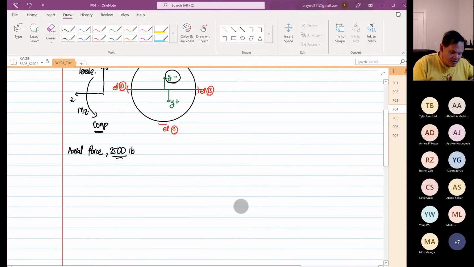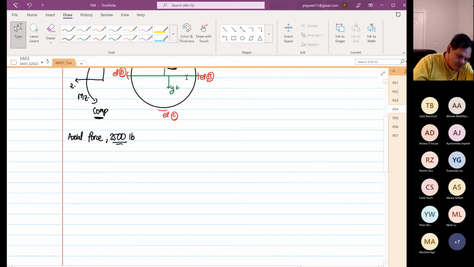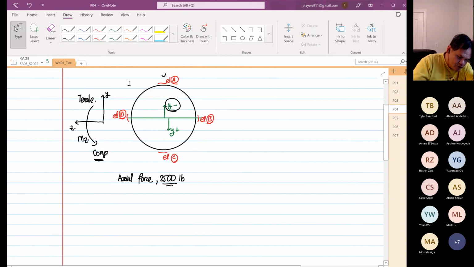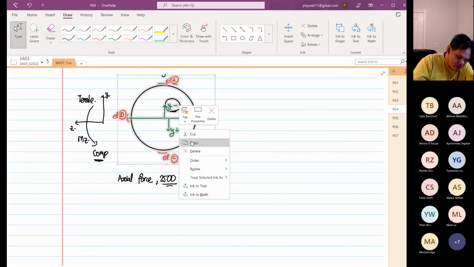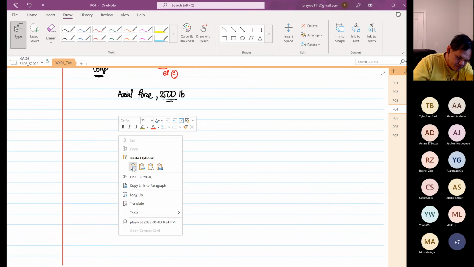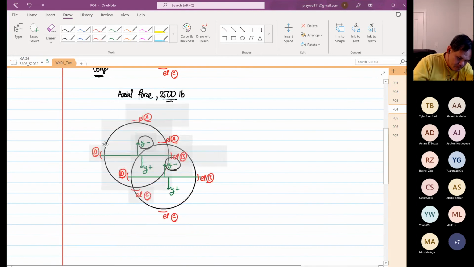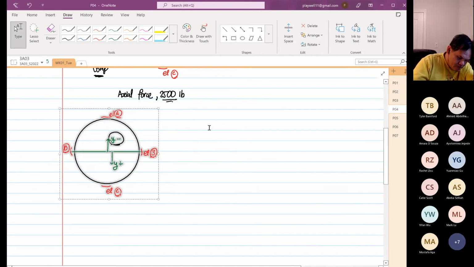So what does the stress field distribution look like? I'm going to draw the stress field distribution. So we are going to sketch the axial load.